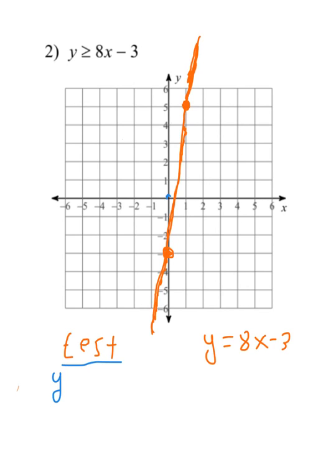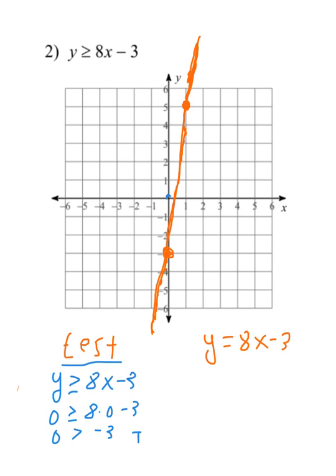So I have y is greater than or equal to 8x minus 3. Y is 0. X is 0. When I simplify this, I get 0 is greater than negative 3. So you need to ask yourself, I'm testing this point, 0, 0. I put it into the inequality, and the answer that I get is a true statement.